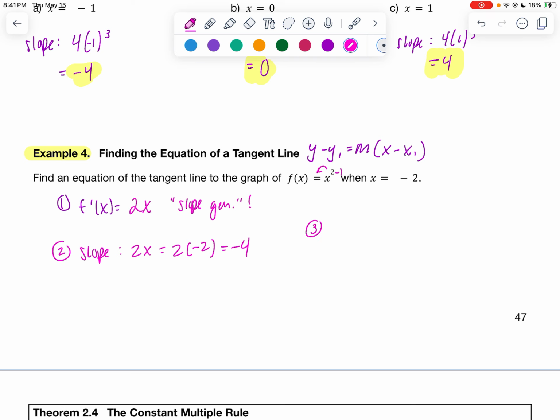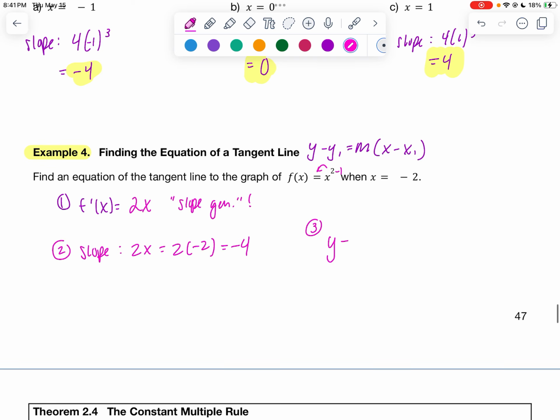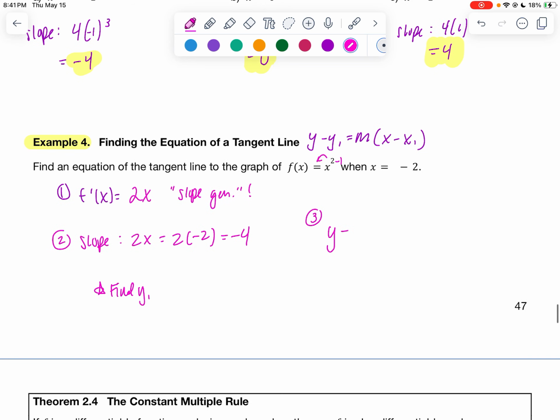Right? And then I can write in my equation. We don't know what y1 is, so we have to find it. I could just plug negative 2 into my original function. So f of negative 2 is equal to negative 2 squared, which equals a positive 4.